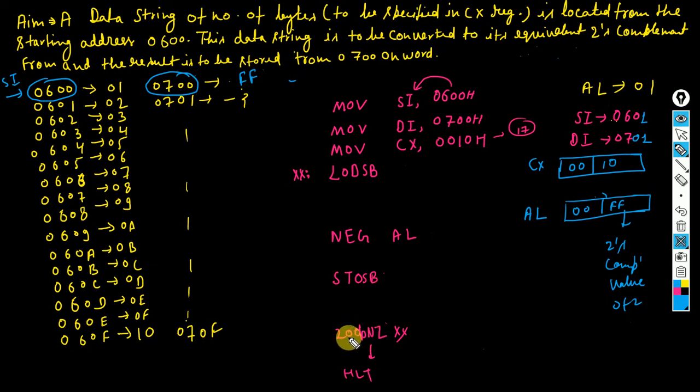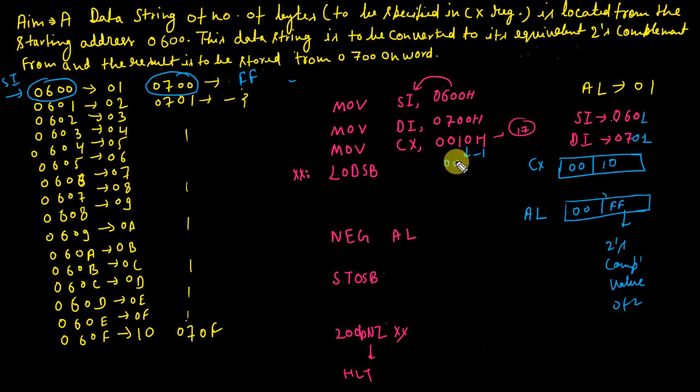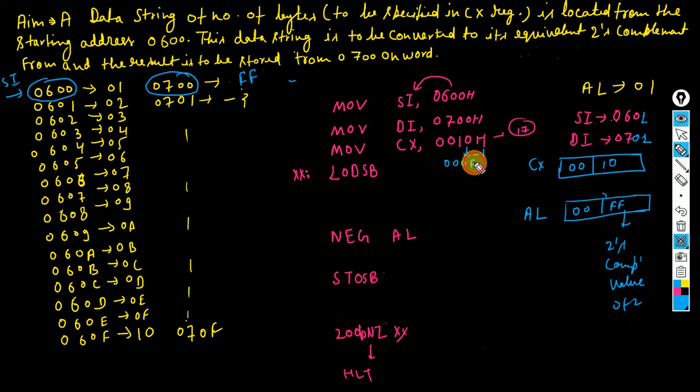Next instruction is LOOP NZ, and it means it decreases the counter value by 1. Suppose your counter value is 0010H. This is the hexadecimal value. When we decrease by 1, the value of CX is 000F.